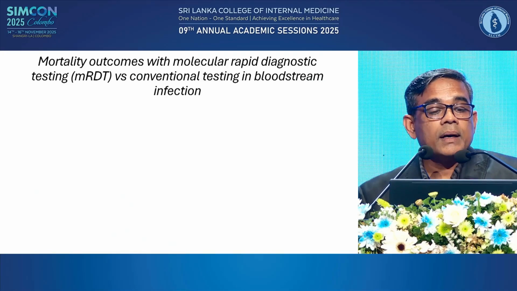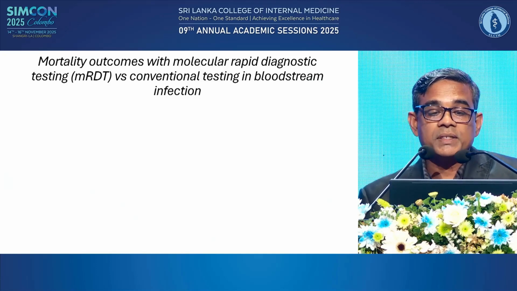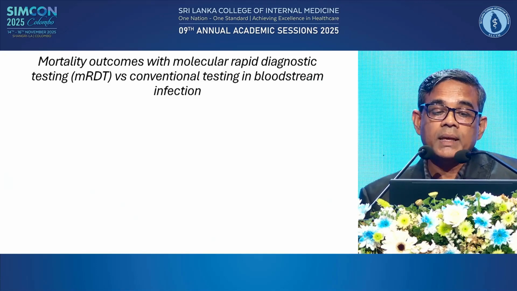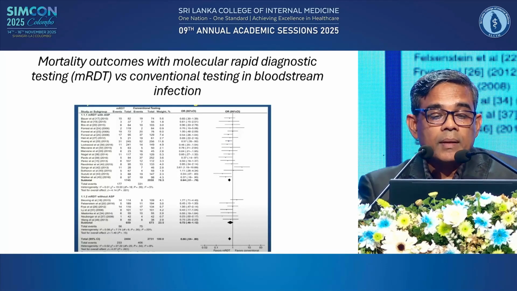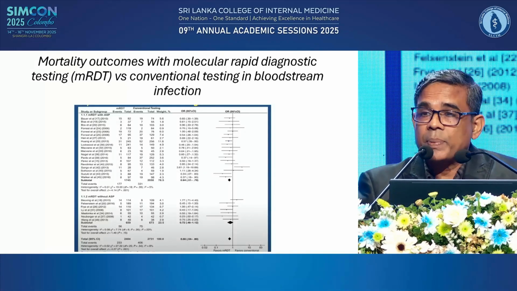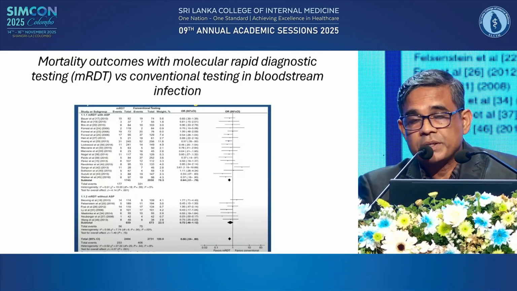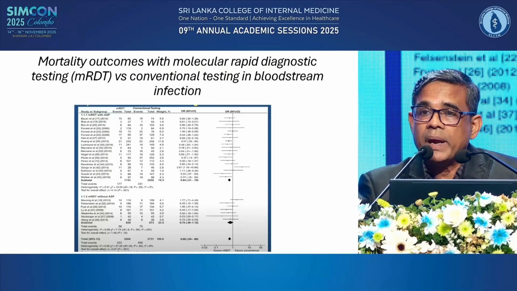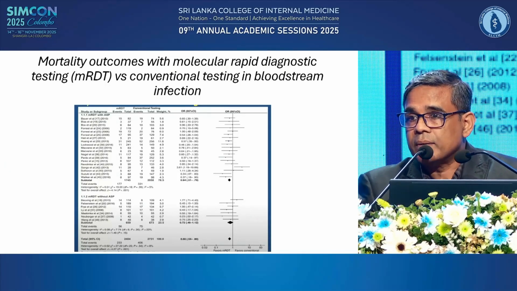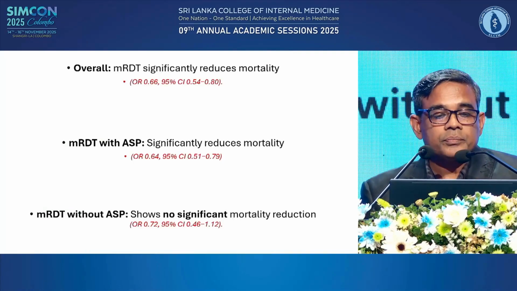We will now compare mortality outcomes with molecular rapid diagnostic tests versus conventional testing in bloodstream infections. You can see from this analysis that rapid diagnostic tests, especially in bacteremic cases, provide a better outcome than the conventional tests.